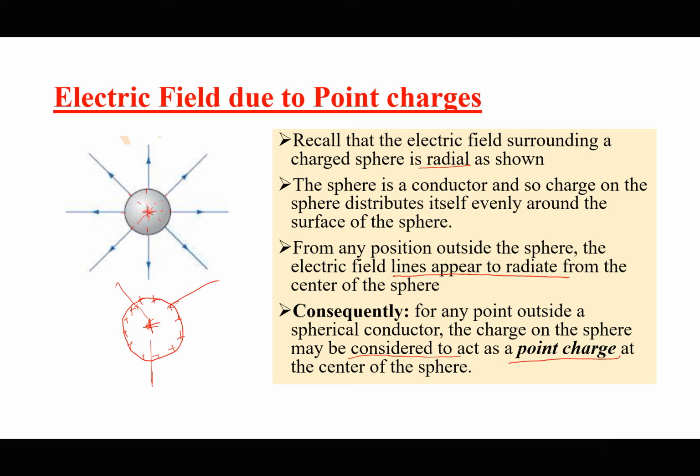But the truth is, if the sphere is a conductor, we are going to note that for any conductor, charge resides just on the surface of the conductor, and the charge distributes itself evenly or equally around the surface of the conductor. So that means essentially inside the conductor there is actually no charge. It is just on the surface.